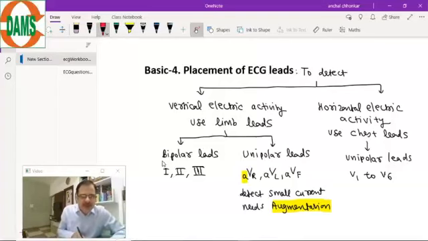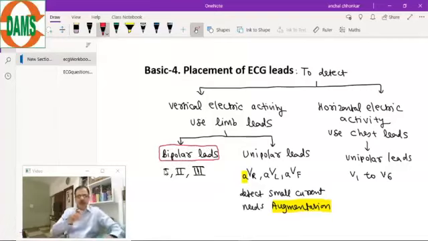Their nomenclature is Roman numerals: 1, 2 and 3. This is known as the bipolar leads, while the second system is the unipolar leads.